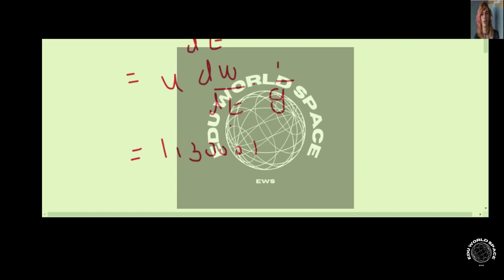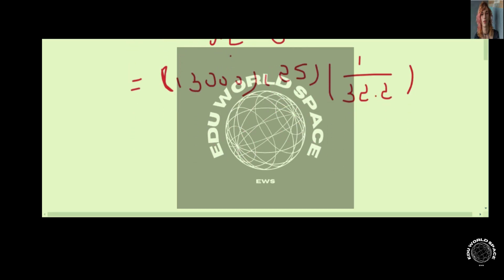So it's 13,000 into 25 into 1 upon 32.2. That gives me the final answer 10.093 into 10 to the power 3 pounds. That is my thrust.